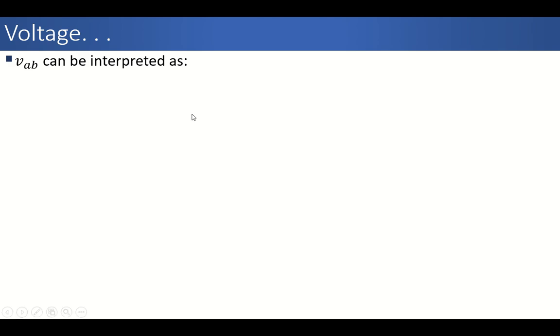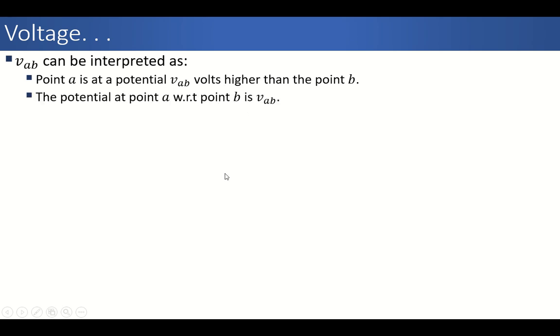So VAB can be interpreted as point A being at a potential VAB volts higher than the potential at point B. If the voltage between two points is 5 volts, this means point A is at 5 volts higher potential than point B, or the potential at point A with respect to point B is VAB. Obviously VAB is equal to minus VBA. That is, if we reverse the polarities or points, then the voltage will be negative.